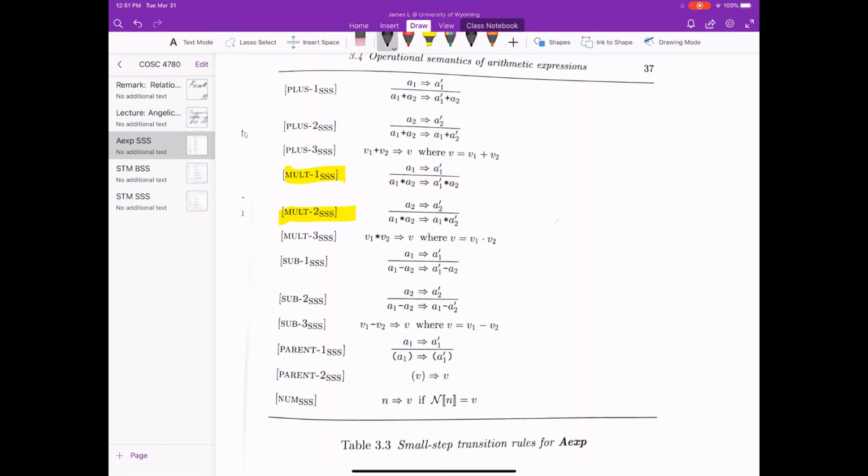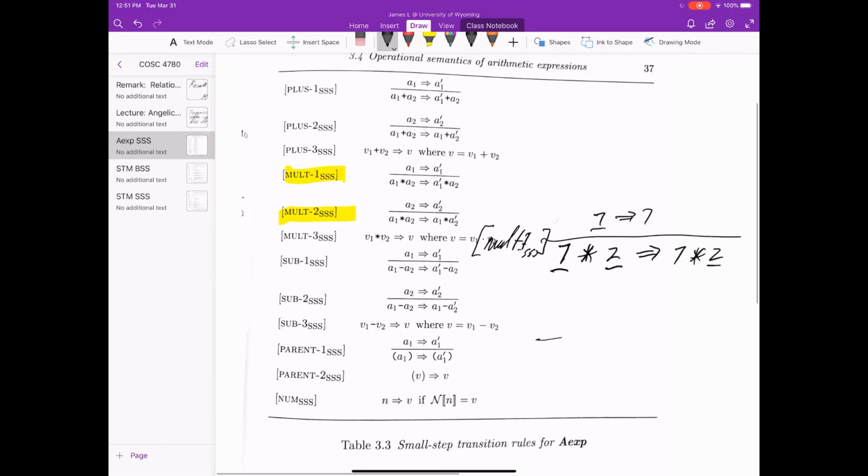So, for example, 7 times 2 evaluates to 7 times 2 because I can do the mult1 rule here, and I say that 7 evaluates to 7.